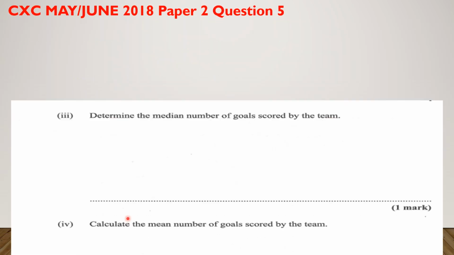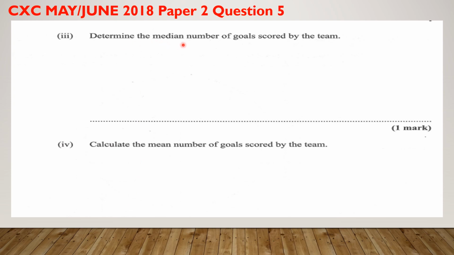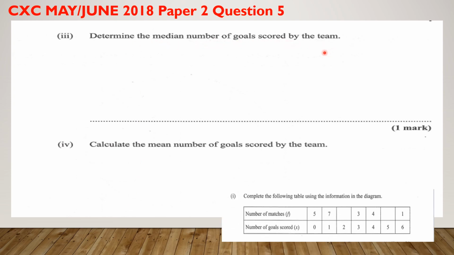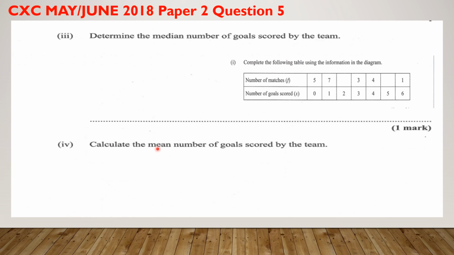Here we have part 3 of the question. Determine the median number of goals scored by the team. We will need our table again, and we're going to fill in what we know from before, 3 and 2 here. Now the median is the middle number, okay? Now there's a formula, but we're going to actually set up the numbers because they're not that many. So 0 5 times, 1 7 times, 1 2 3 4 5 6 7.